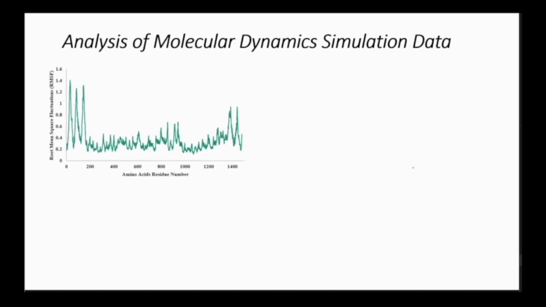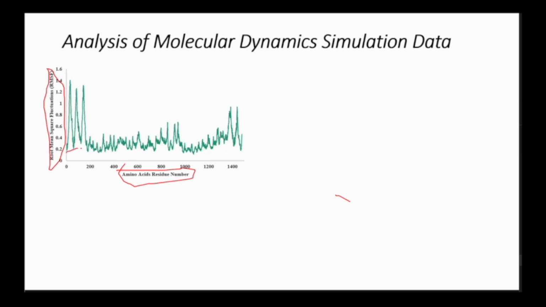Another type of graph in which people are normally very interested is the root mean square fluctuation. This graph helps us get an idea about the fluctuations in our protein structure. On the x-axis, you can see the amino acid residues, and on the y-axis, you can see the root mean square fluctuation values. So what is this graph letting me know?